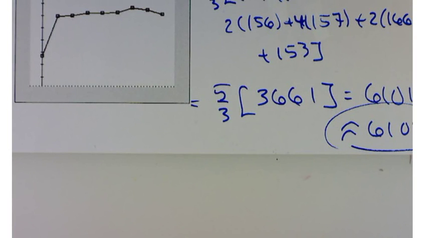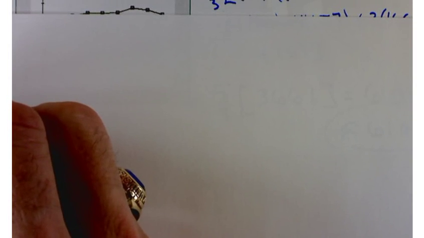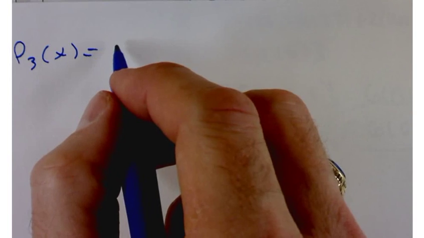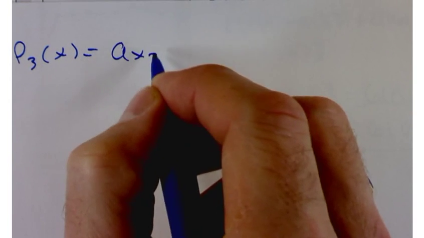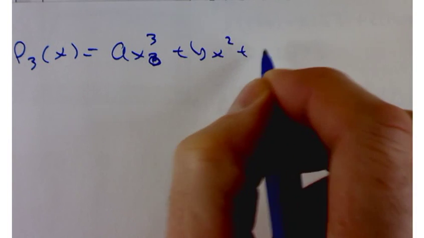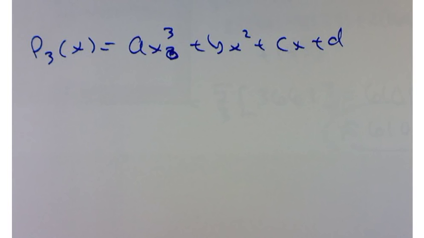So let's take a look at something real quick regarding derivatives. Talk about polynomials. So let's take a look at p sub 3 of x, just a general cubic polynomial: ax cubed plus bx squared plus cx plus d. And let's calculate the fourth derivative here.